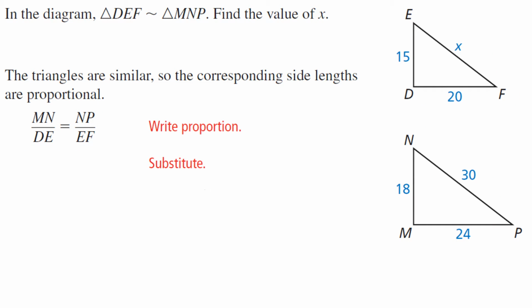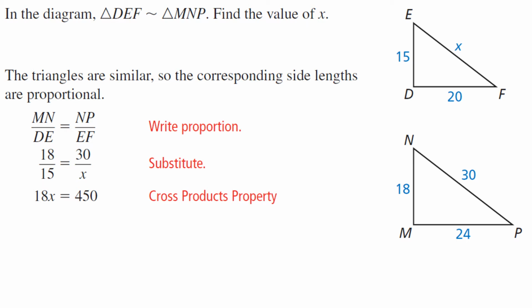Of course, we can now substitute the values. MN, of course, was 18. DE was 15. NP was 30. EF was X. Cross multiply. 18 times X has to be on one side of the equation. 15 times 30 is where that 450 came from.